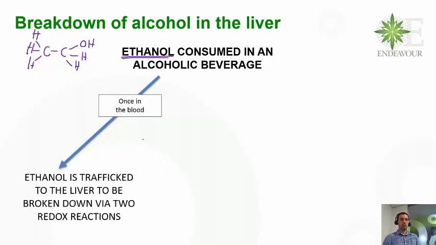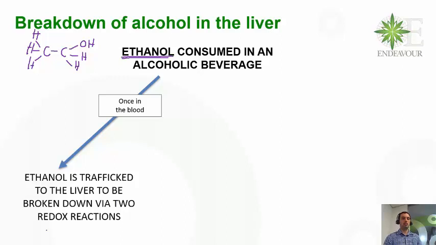So essentially, once the ethanol is in the bloodstream, it'll be trafficked to the liver so it can be broken down. Remember, ethanol itself is actually toxic to the body, so there's no need for the body to keep the ethanol compound. It's going to do whatever it can to get rid of it.